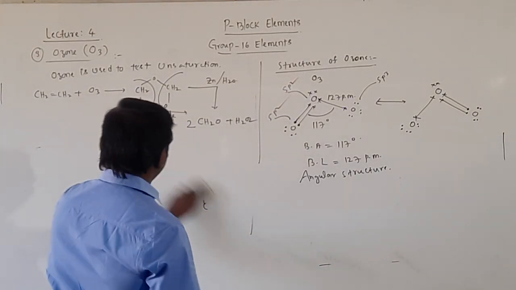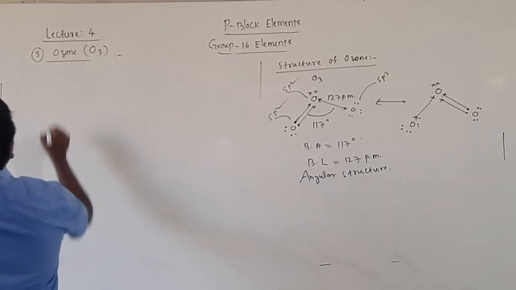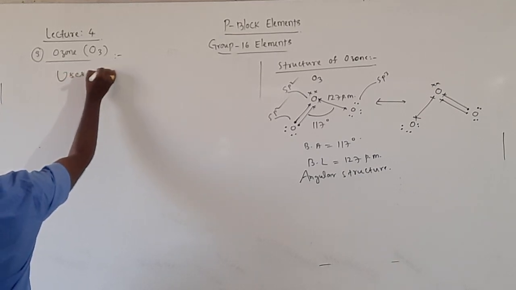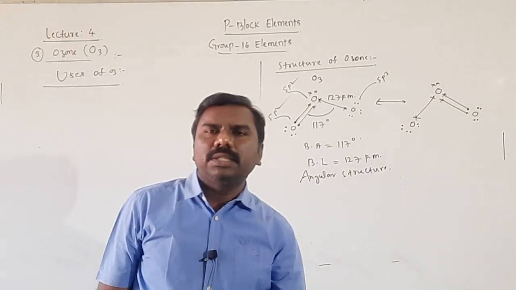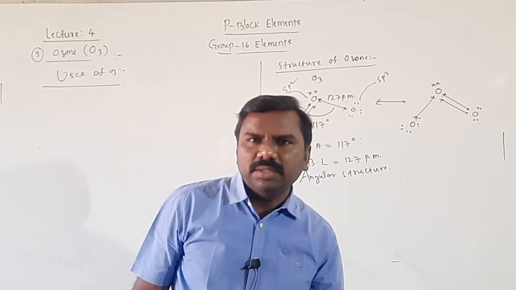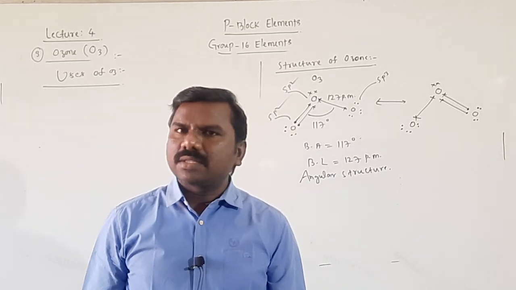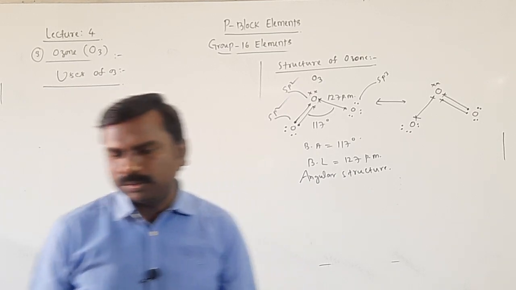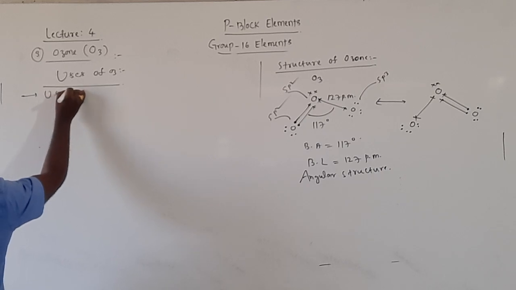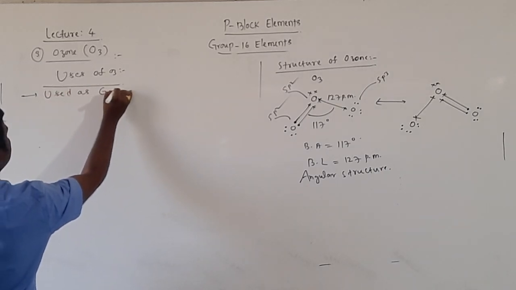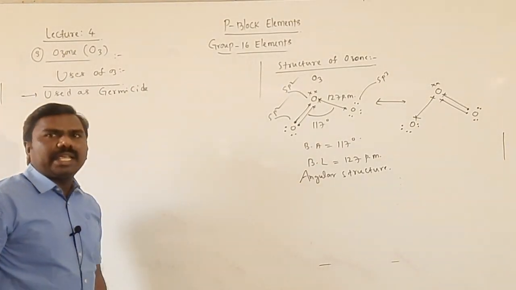Next, uses of ozone. Generally, ozone is used as a sterilizing agent, a bleaching agent, an oxidizing agent, and to test unsaturation. These are all uses of ozone. First, used as a germicide. Germ means germs, cidal means killing effect.